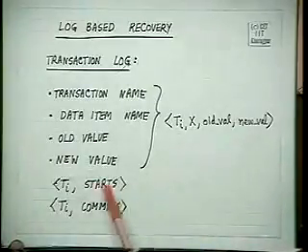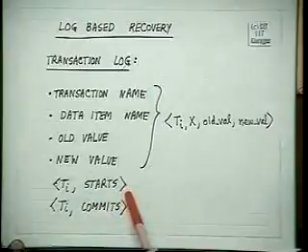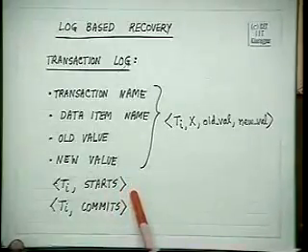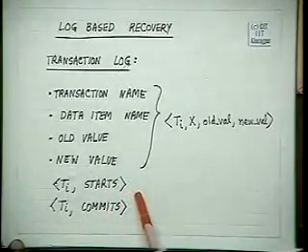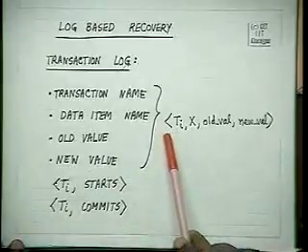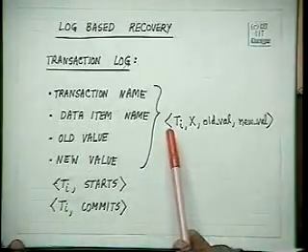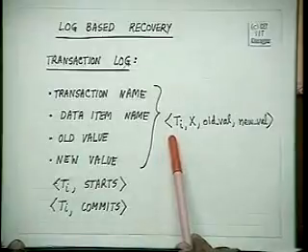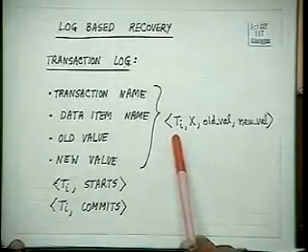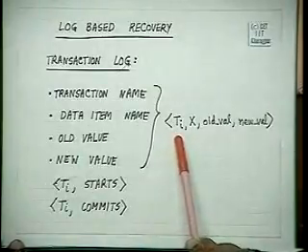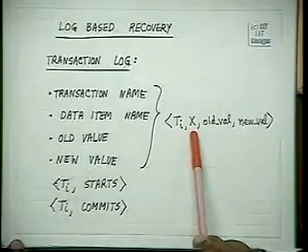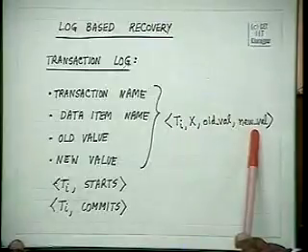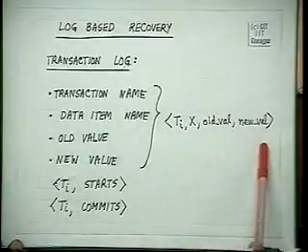So when we say write T1 starts into log, that one is actually written out into a stable storage, and then during any data modification, wherever there is a write statement in the program corresponding to that transaction, we have that transaction number TI, the variable X, the disk data variable X, the old value and the new value. This is written into the stable storage.